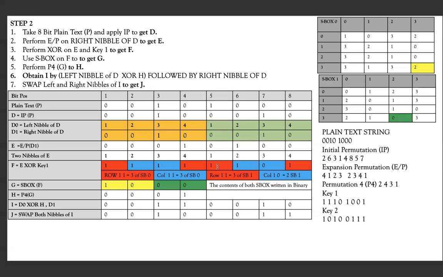For the second nibble, I'm dealing with row number 1, 1 and column number 1, 0. So this is row number 3, column number 2, since 1, 0 is 2. But I mentioned before, for the second nibble, I'll be using S box 1. So row 3, column 2 is the value 0.